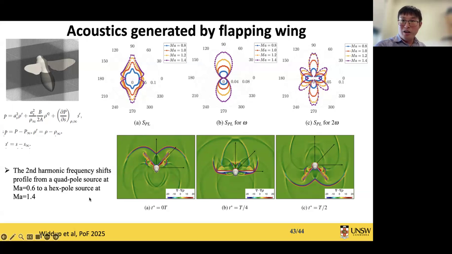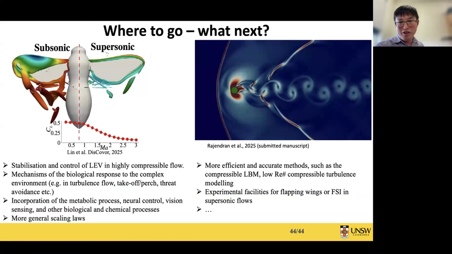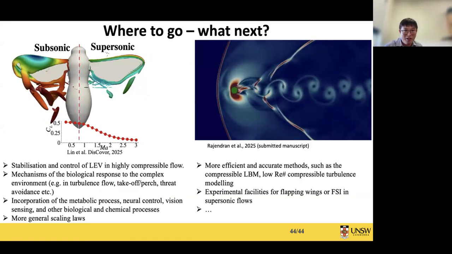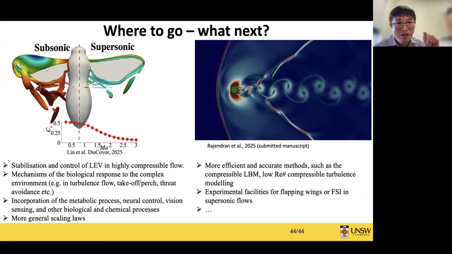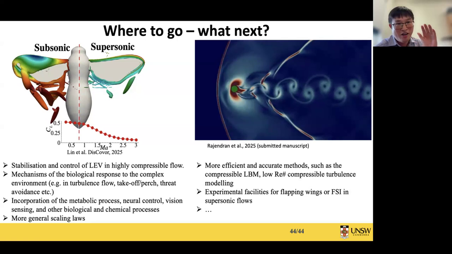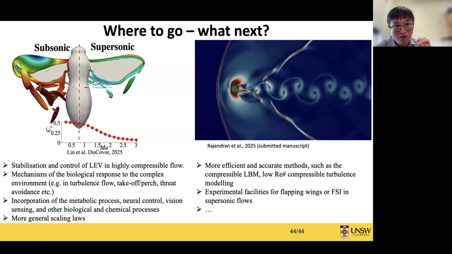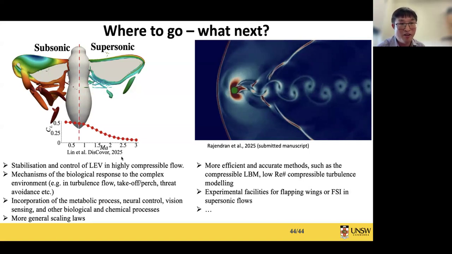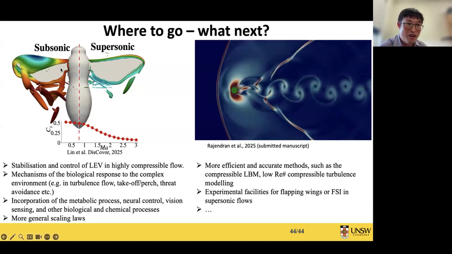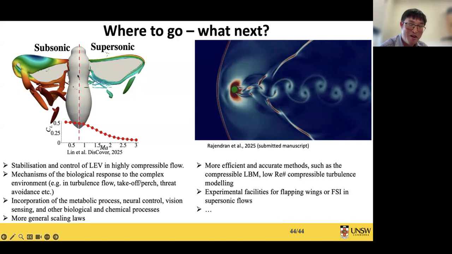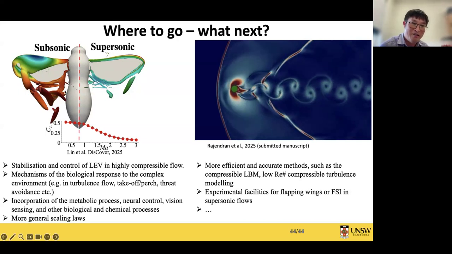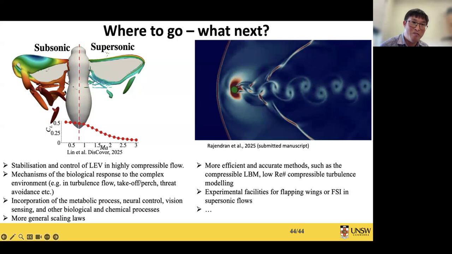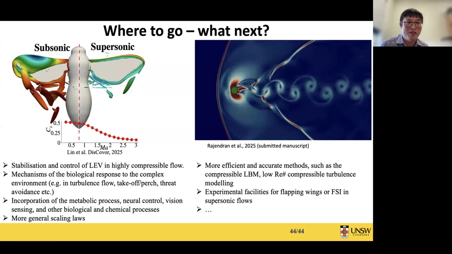Now, this is the acoustics. What's next? I mentioned that the strength of the LEV decreases in supersonic flow or even disappears, as shown here. For this bumblebee, the left hand side is subsonic and the right hand side is supersonic.